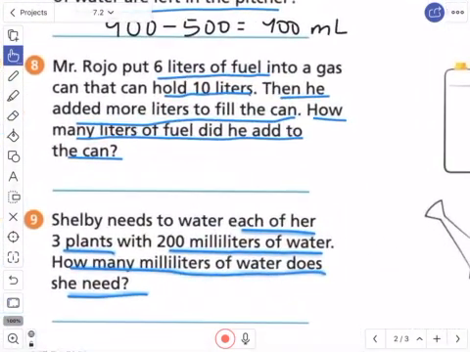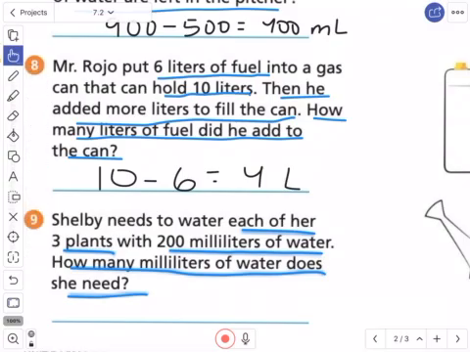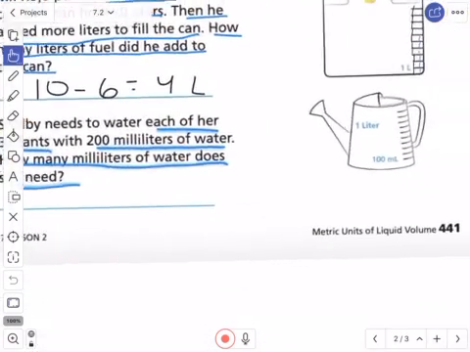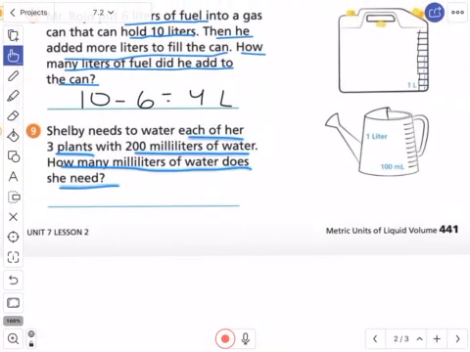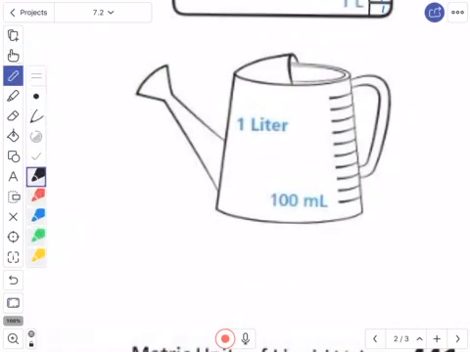All right. And for my equation for this one, since I already know my total, I would subtract 6 to get 4 liters left in there. And then Shelby needs to water each of her 3 plants with 200 milliliters of water. Okay, so I had to erase my drawing on that last one. So that's 1 plant, because that's 200 milliliters. 2 plants. 3 plants.